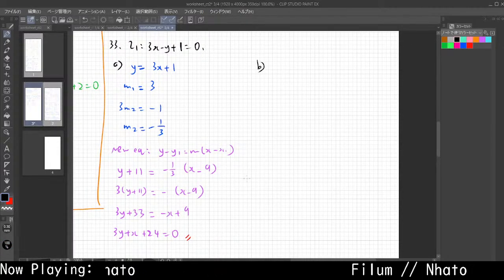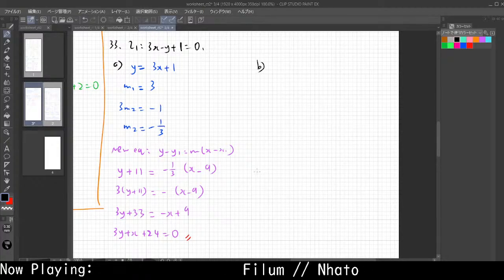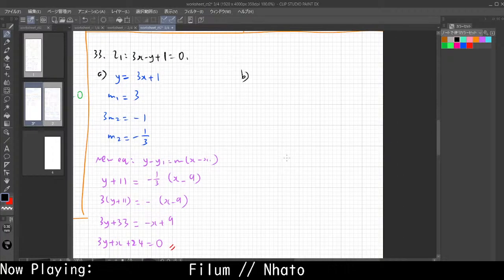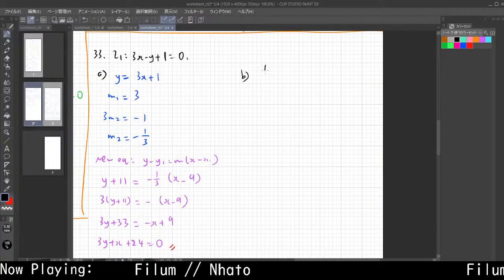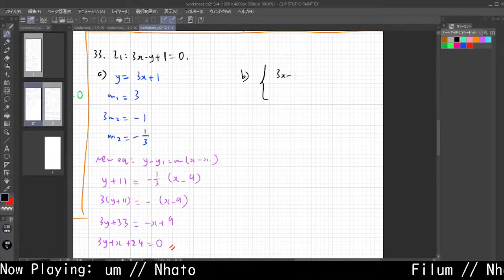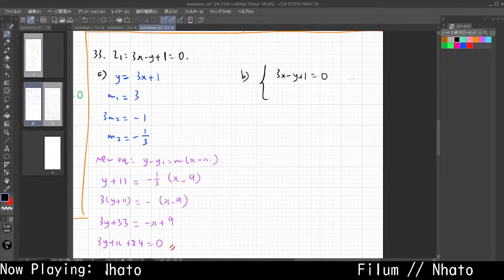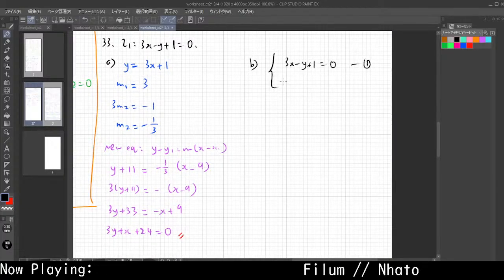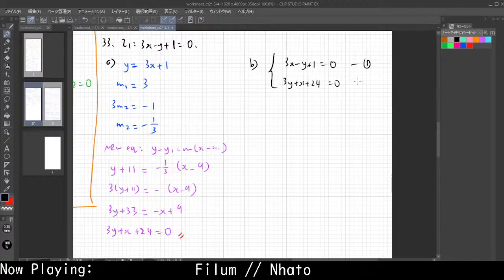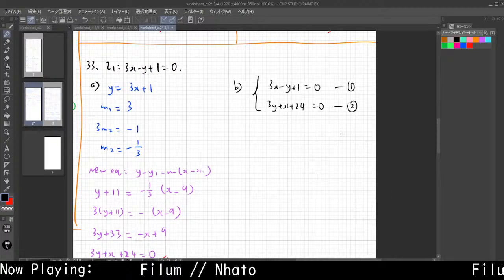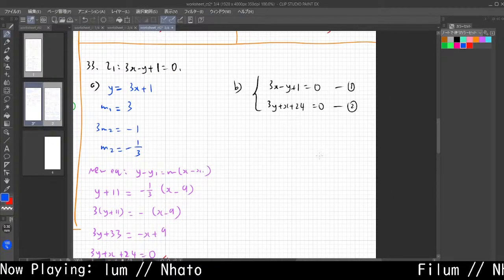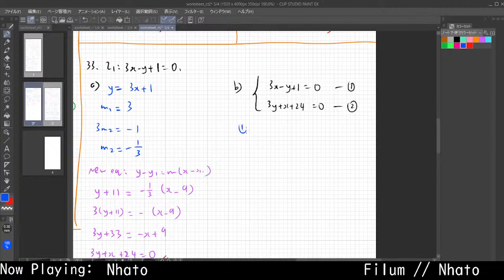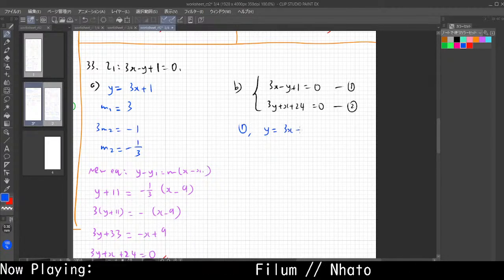Okay, part B. If point H is the intersecting point between L1 and L2, find the coordinates of H. So basically what it's telling you to do is to just take your L1 and L2 and put it into equation 1 and equation 2 mode. So for 1, y equals to 3x plus 1.